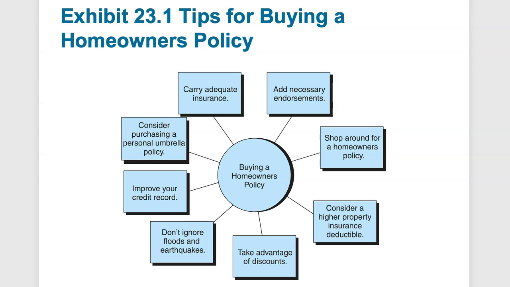As far as necessary endorsements, I'm kind of going to go clockwise around here. It may be beneficial to put some additional endorsements on your policy, like earthquake or flood, like I had said before, or if you have expensive additional property in your home, to get additional endorsements to cover all that.